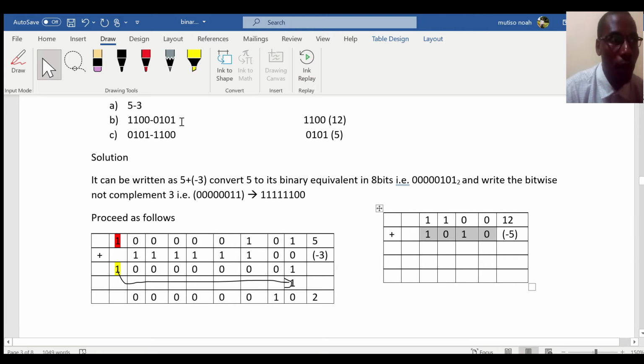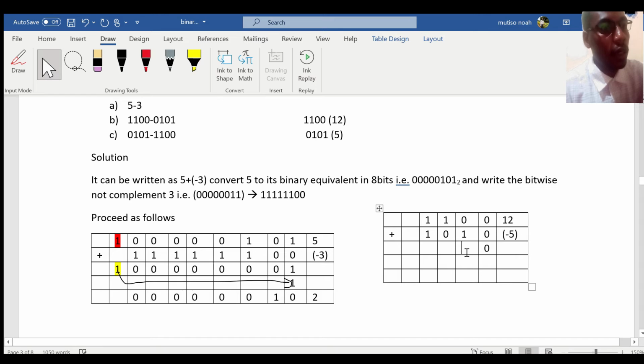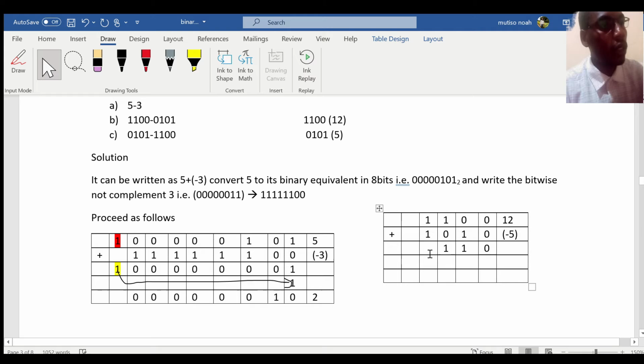Here it was 5 positive, but here I have written the bitwise not of 5, which is the negative of 5, which will be 1 0 1 0. From the previous tutorial we saw how to write in bitwise complement form.